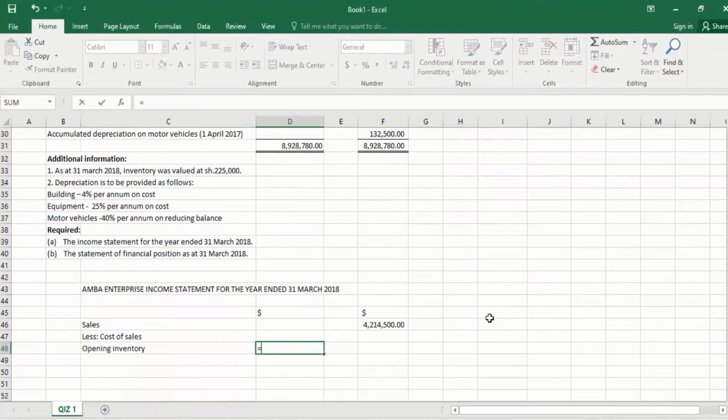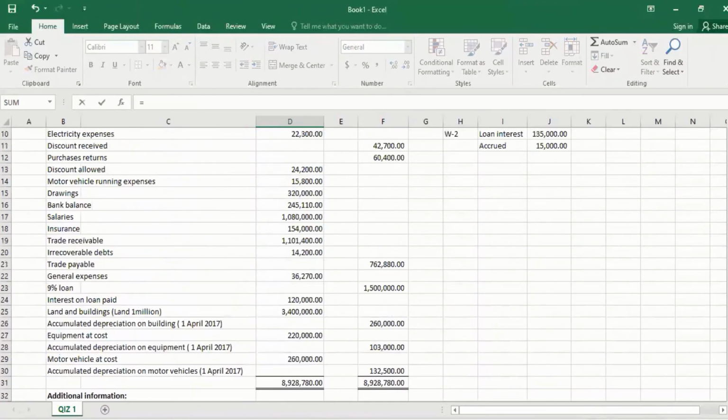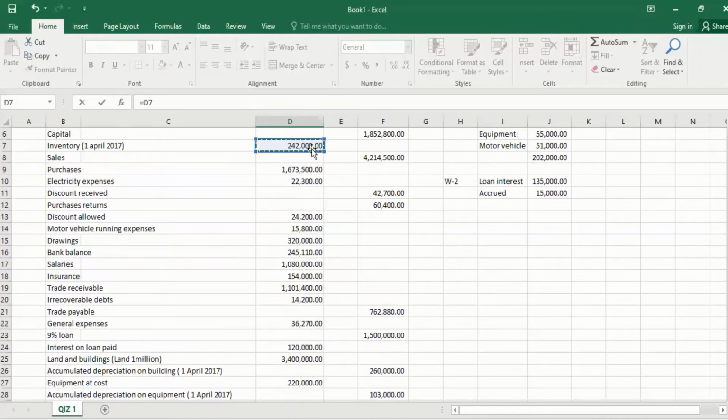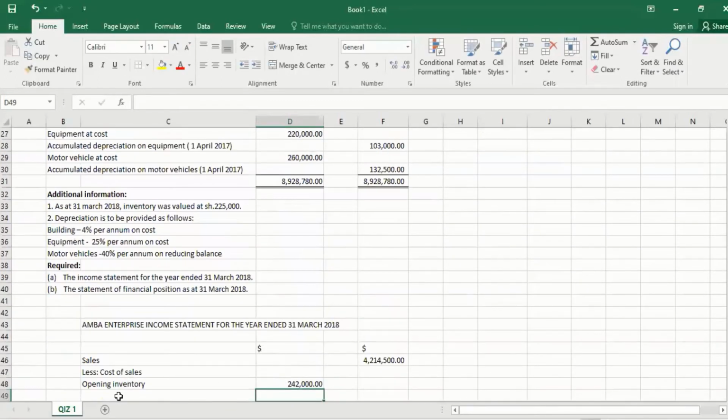And the value for opening inventory, from the trial balance, we can get the value, which is given as 242,000. Then I'll add the purchases. The value for purchases is given.